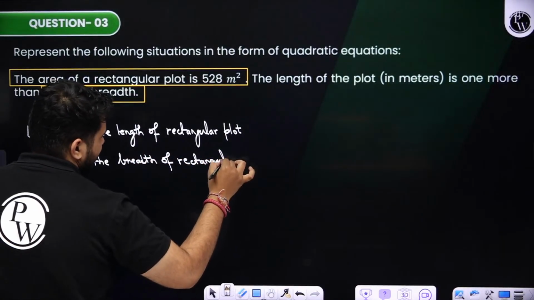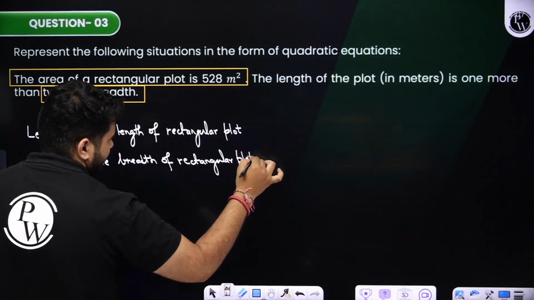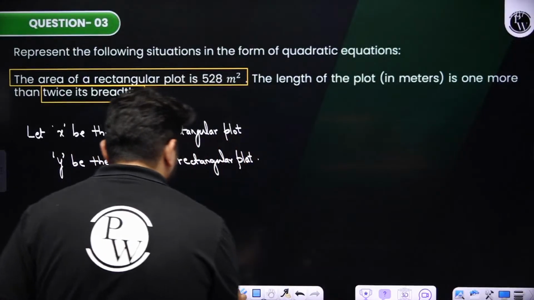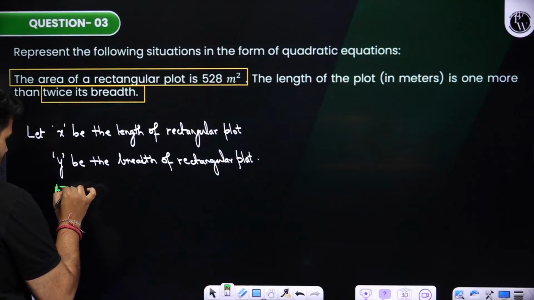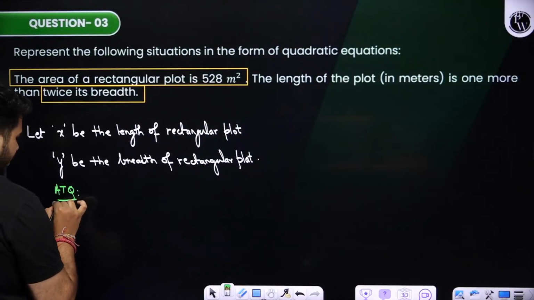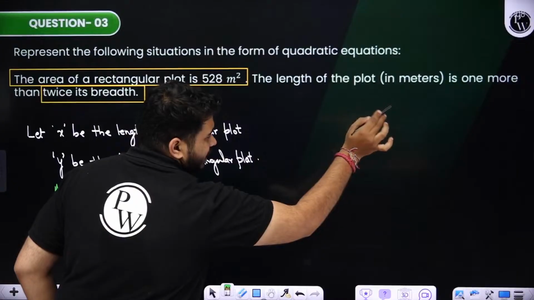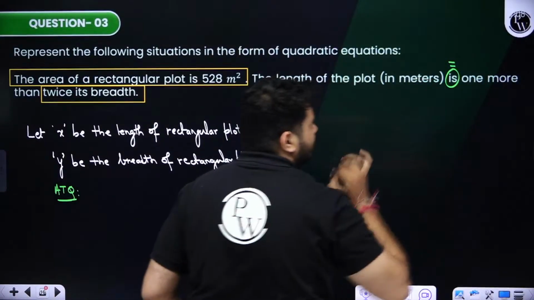x be the length and y be the breadth of the rectangular plot over here. Clear? Understood everyone? Yes. Now they are telling that according to the question, the length of the plot is, in maths, means equal to sign, correct.